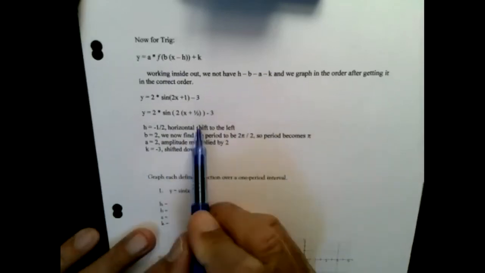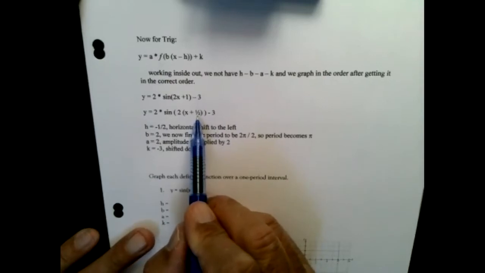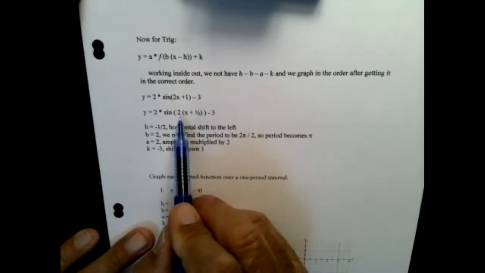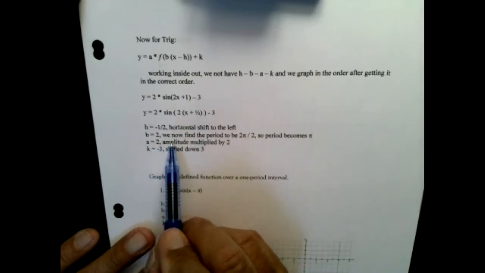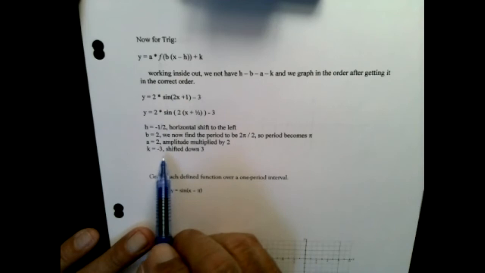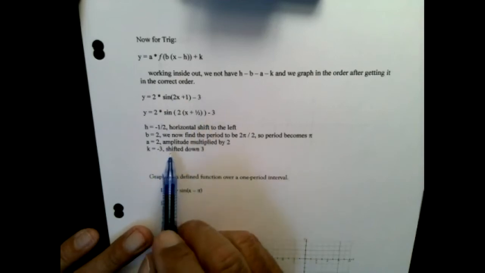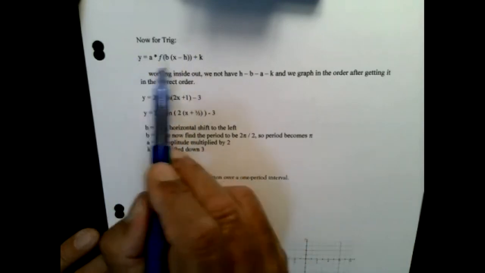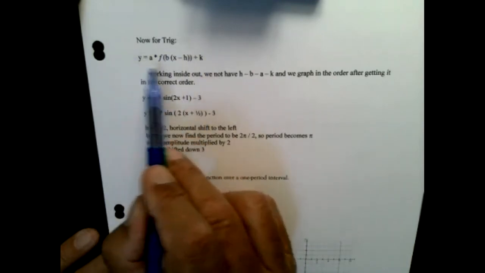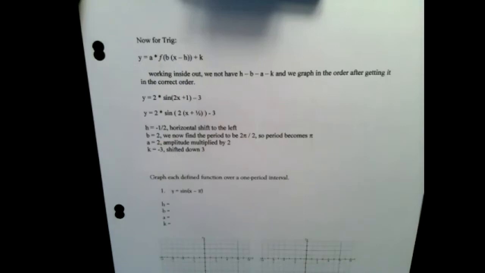What do I have? H is -1/2. B is 2. We're going to talk about it a little more in a second. A is 2. Oh yeah, we just saw an example of that: it goes up higher and down lower. K is -3. The whole thing gets shifted down. So this is something you need to have memorized. Use it enough times and you will.